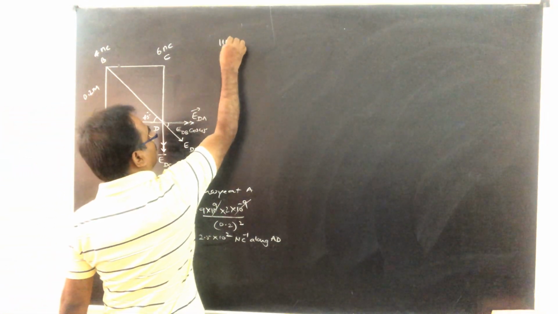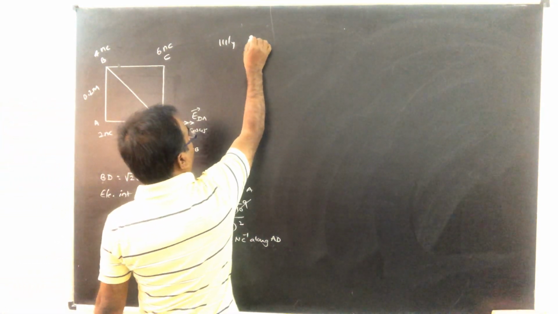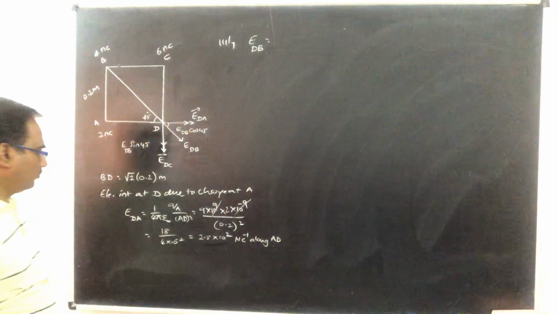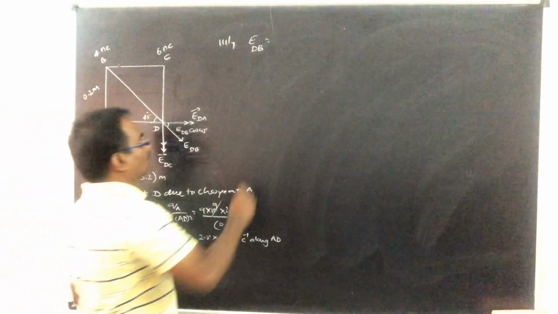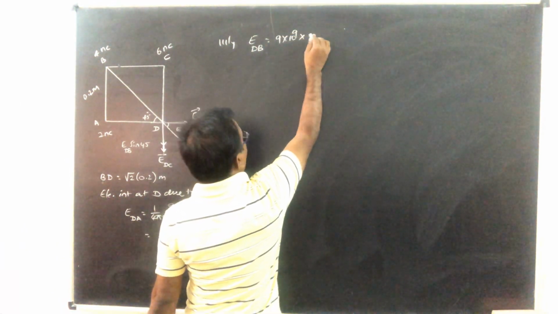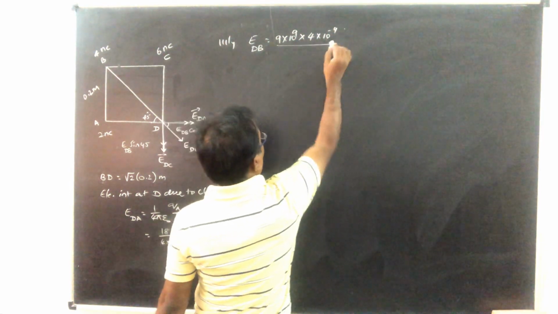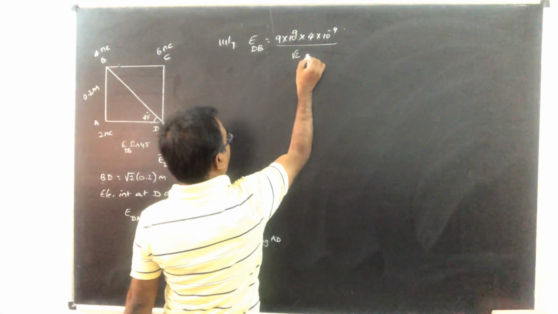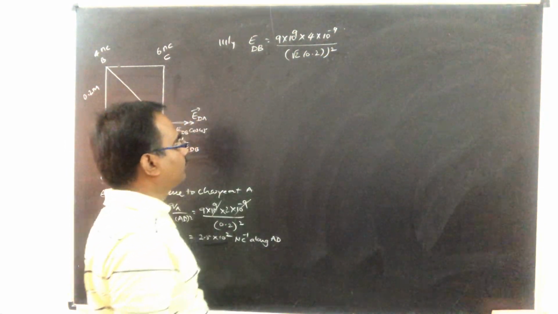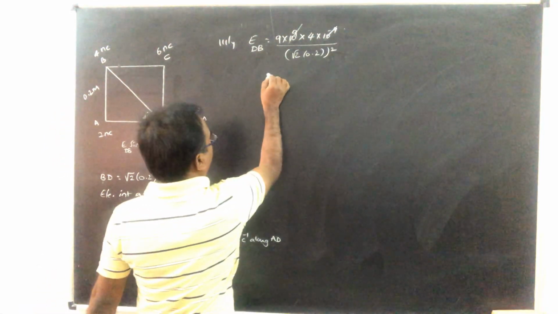Similarly, this EDB: 9 into 10 to the power of 9. This charge is 4 nanocoulomb, 4 into 10 to the power of minus 9. And what about this distance? Root 2 into 0.2 whole square. So again this term can be cancelled.